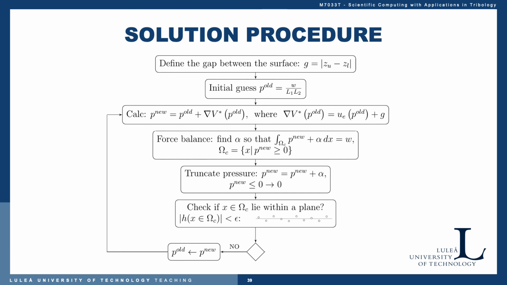We're not satisfied if our measure of the distance from this contact plane of the contacting points is too large. We must set our P old to be P new, which we just have found, and we reiterate over and over again until we're done.